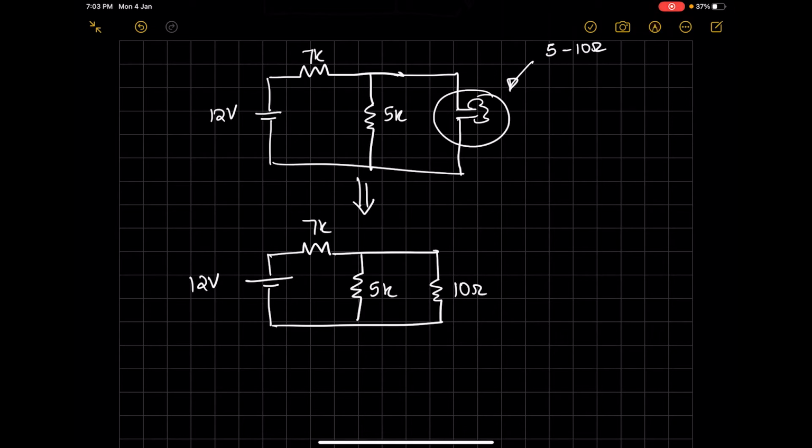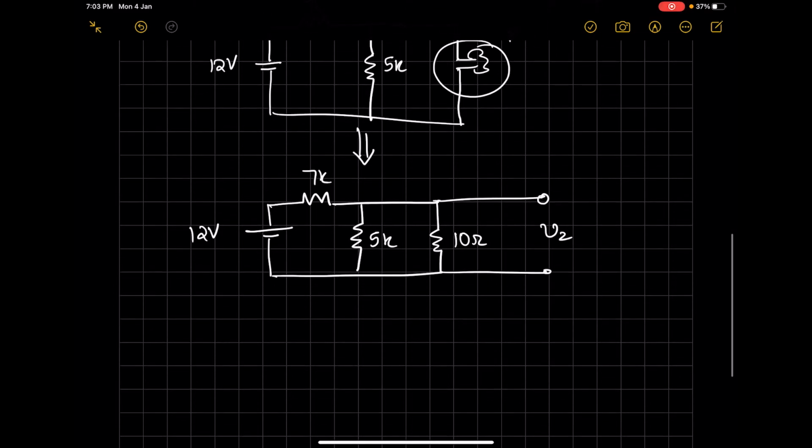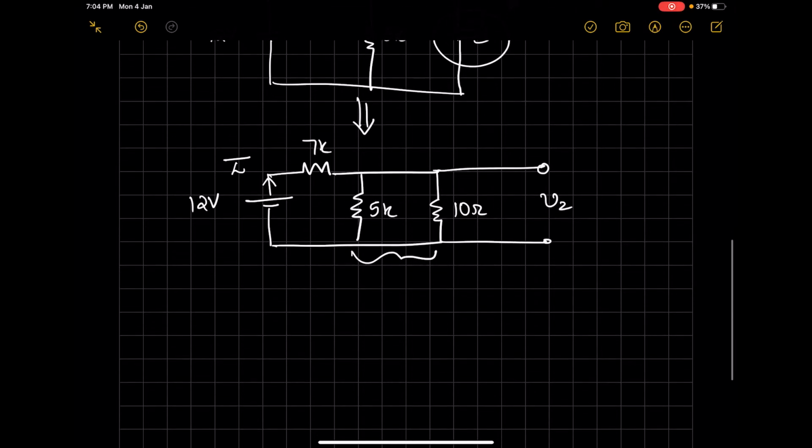To find the voltage V2, which is of our importance since the bulb is going to use this voltage to drive itself, you first need to find the current I in the network, and you need to find the total resistance applied across the 12 volt supply. To do that, you need to first solve this parallel combination, and this will lead to an equivalent resistance R that is 5000 into 10 divided by 5000 plus 10.